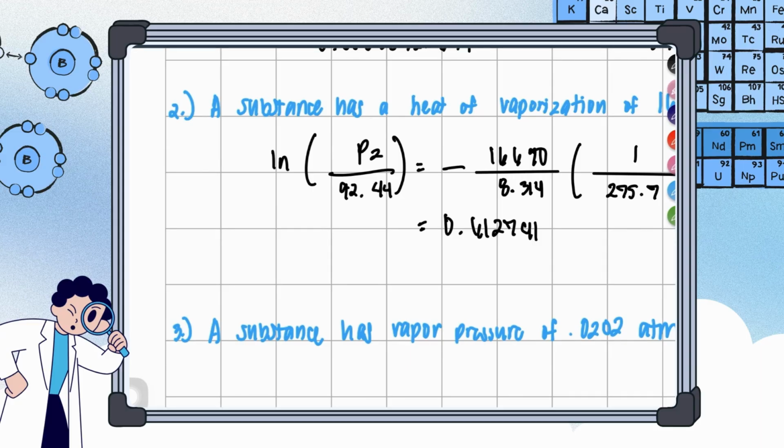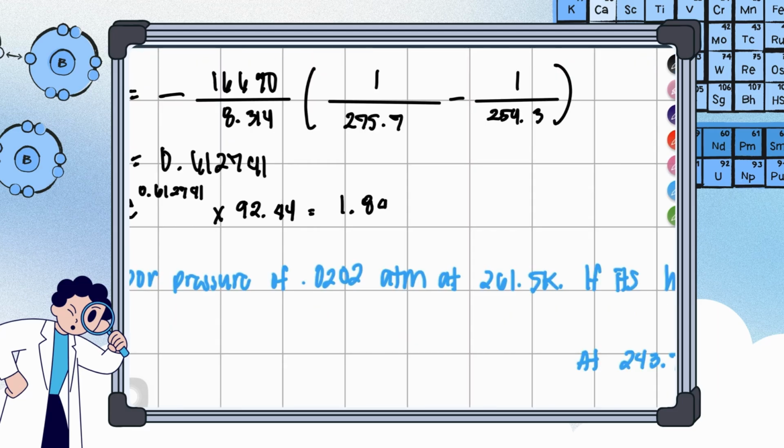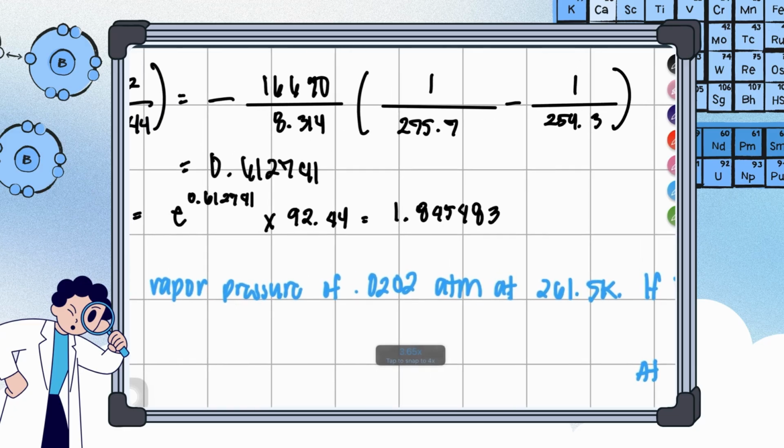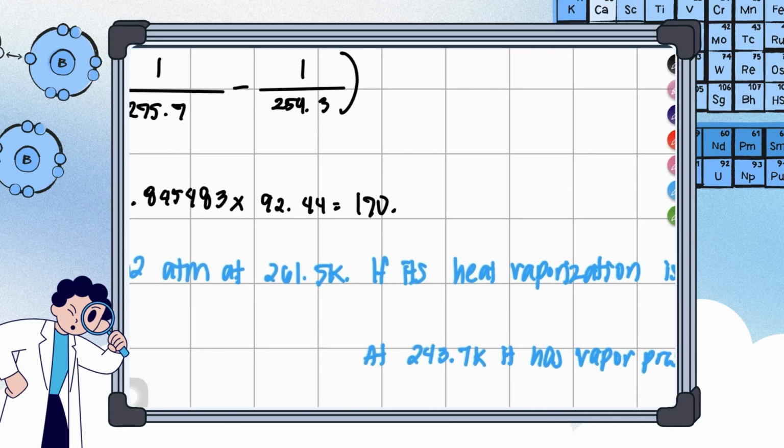And if we derive the formula to get P2, we can use P2 equals e raised to 0.612741 times 92.44, where e raised to 0.612 is 1.845483. So let's simplify. We will get 170.6 mmHg.